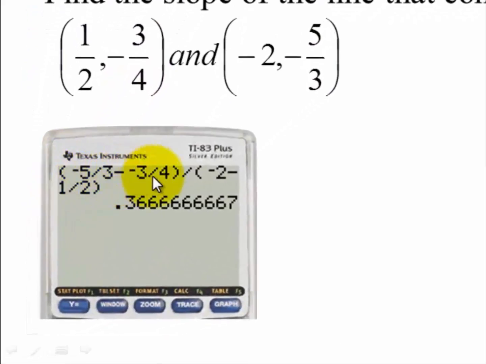Now I need parentheses around all of this, so the numerator needs parentheses. Then you hit divide and parentheses for the denominator, in this case negative 2 minus 1/2. And we get 0.36 repeating.